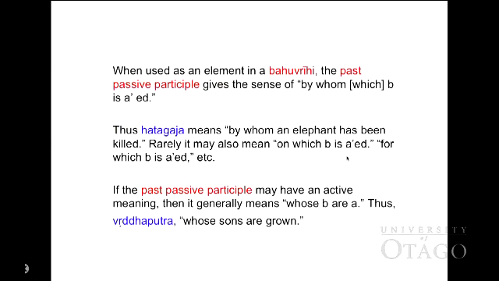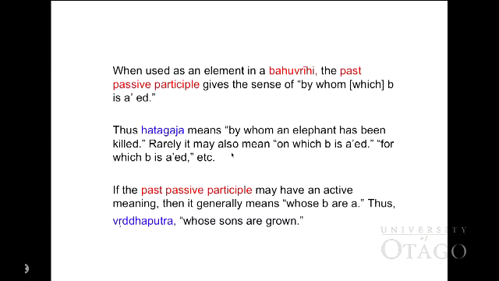When used as an element in a bahuvrīhi, the PPP gives the sense of by whom or by which B is done. Thus, hata-kāśaḥ, hata means killed, from han, hanti. Kāśa, elephant, means by whom an elephant has been killed.